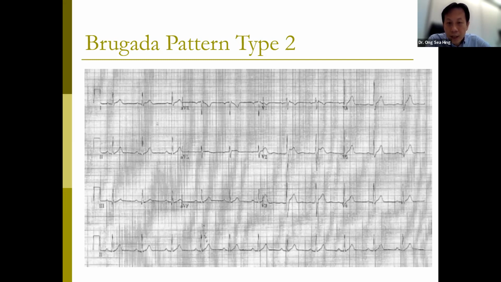Okay. If you see a type 1 Brugada who has syncope before, then you will need to put in an implanted defibrillator. If you see a type 1 Brugada with no syncope before and no high-risk features, especially if the type 1 only happens when they have fever and it resolves when they are well, then it's a bit of a difficult decision.